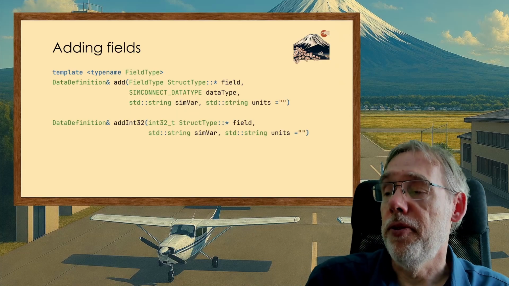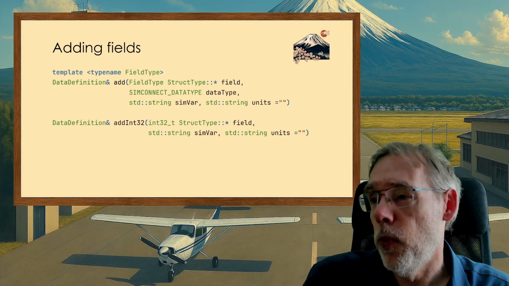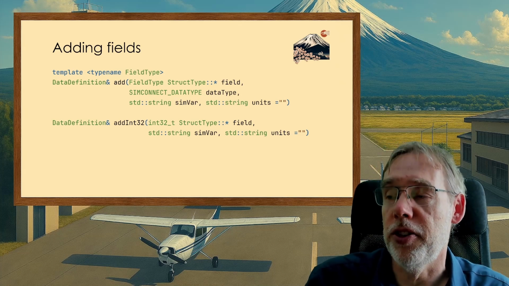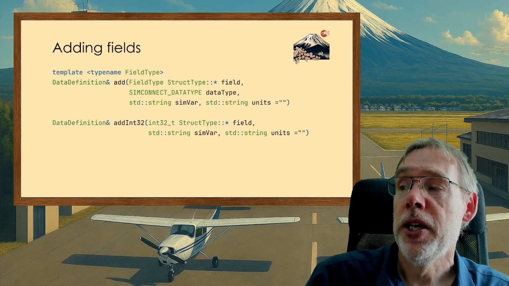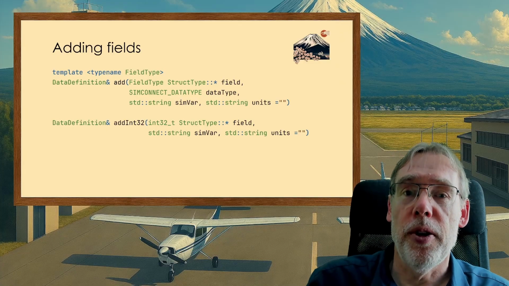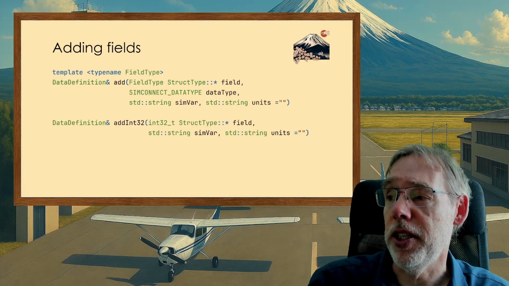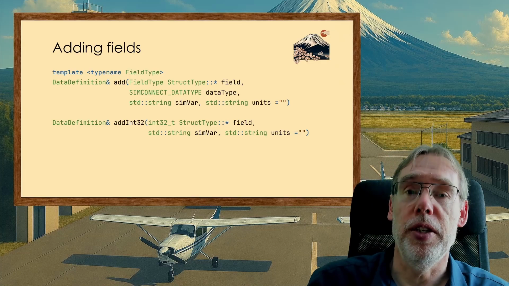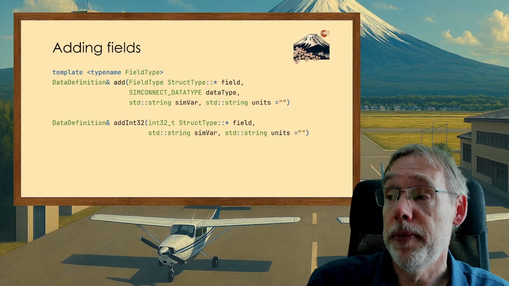An alternative is to use the add int 32 or whatever other type there is, for example, add float 32 or add string 8 and those kind of methods, which thereby determines the type of the field. So here the type of the field is explicit, but still you pass in the simulation variable and the units.